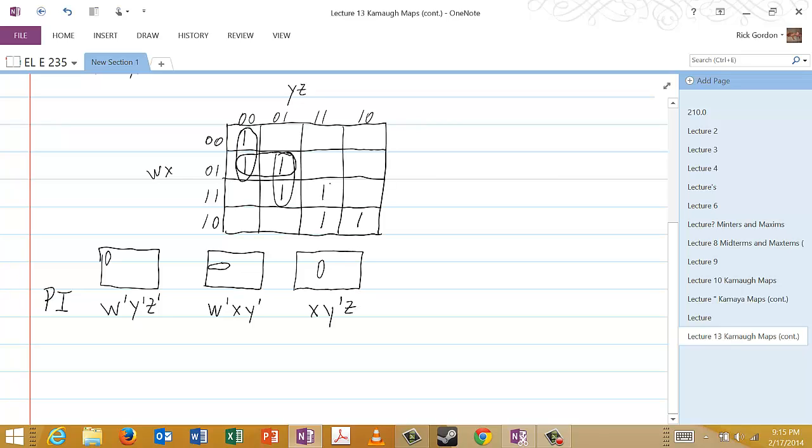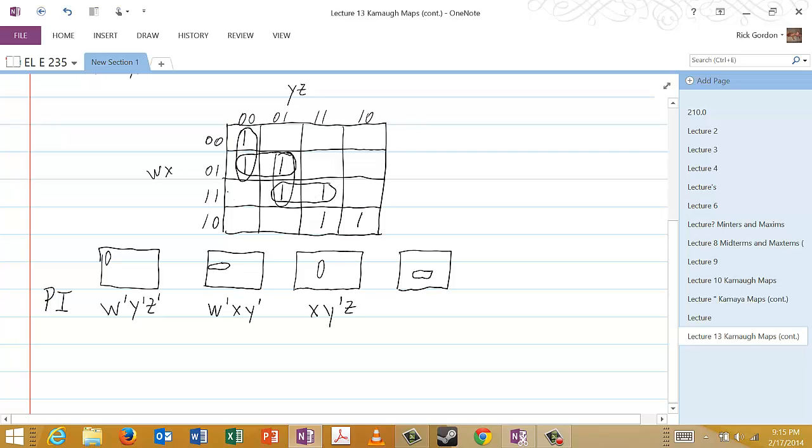And now we go to the next one, which is this. What about this grouping? What's the name? Well, since it's a horizontally arranged grouping, W and X are both constant. W is constant and equal to 1 for these two cells.